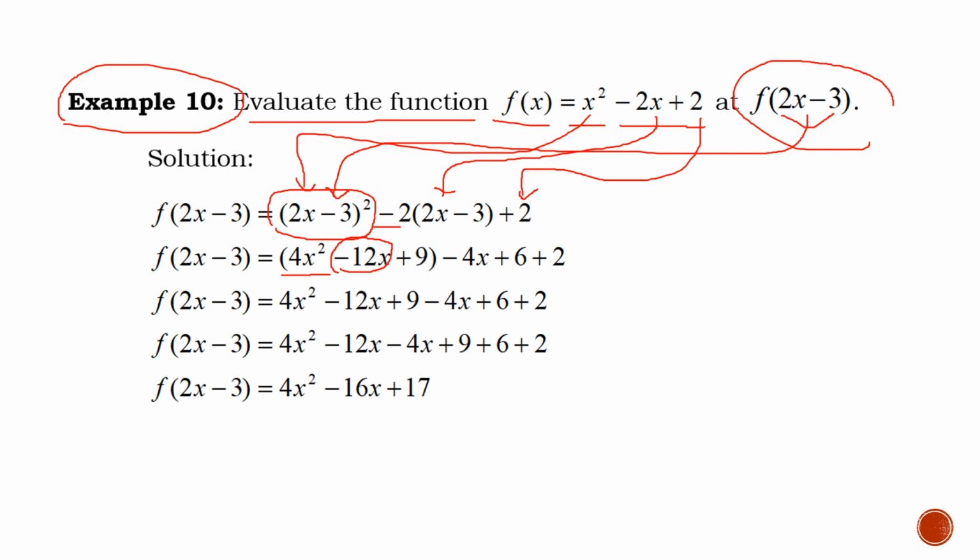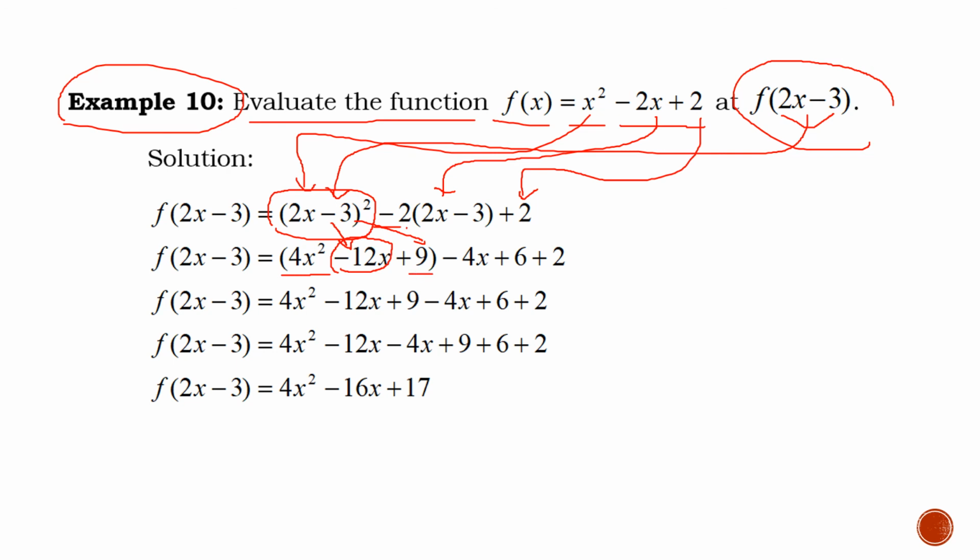So 2x multiplied by 3 is 6x, multiplied by 2, because our pattern is twice the product of your first and second term, so that will be negative 6x multiplied by 2, it's negative 12x. Our last term now is the square of your second term, which is negative 3. Negative 3 squared is positive 9. That's why it's positive 9 here.